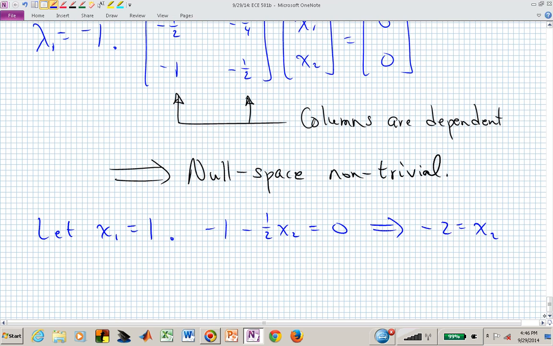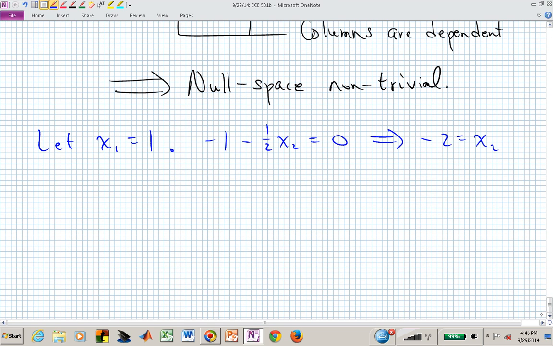Now the eigenvector, an eigenvector associated with the eigenvalue minus 1, has the top coordinate of 1 and the bottom coordinate of minus 2. We've now found an eigenvector associated with one of the eigenvalues. This eigenvector is now going to satisfy B x bar equal what?